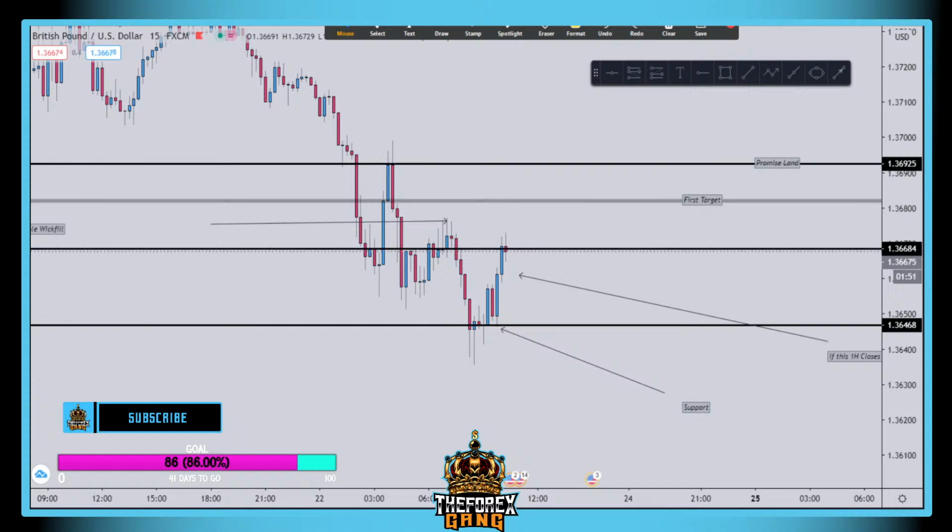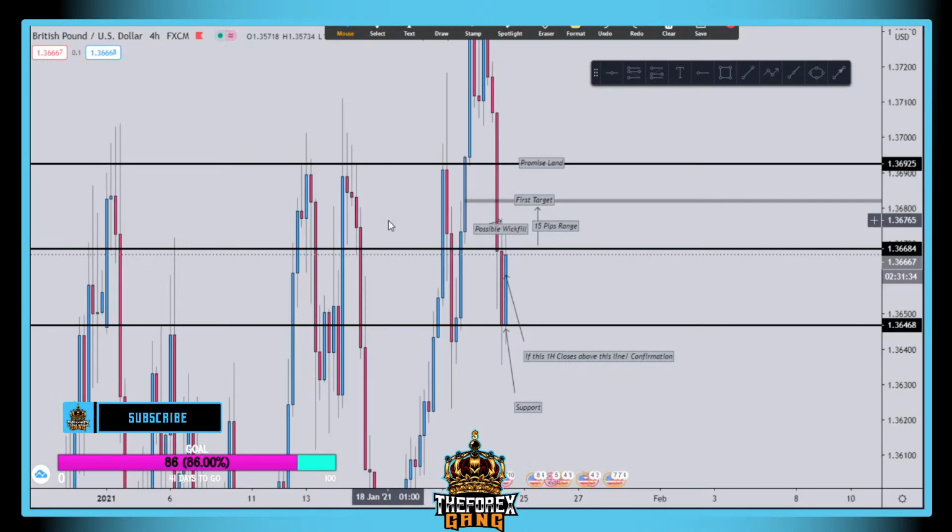If a 15-minute closes above that area, okay. Or the previous 4 hour is broken, okay. But if the 4 hour is broken, the first target is too close.